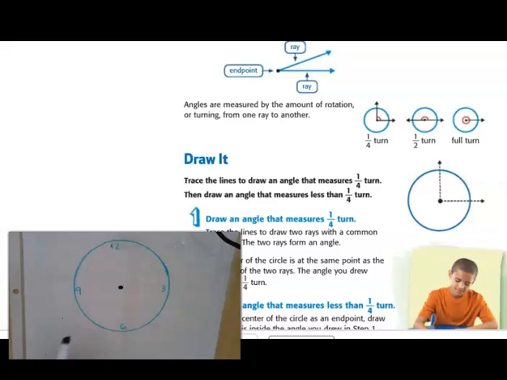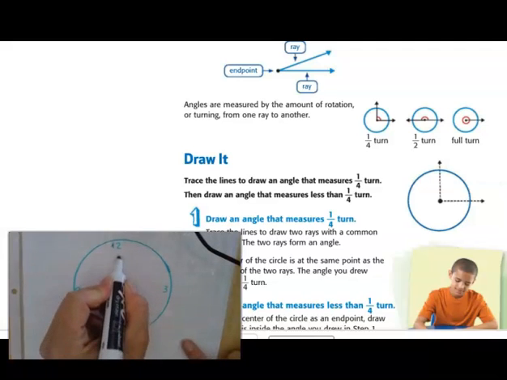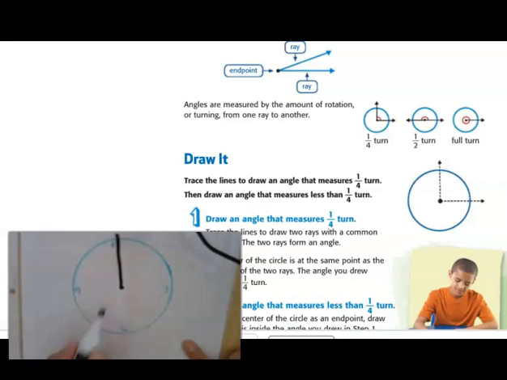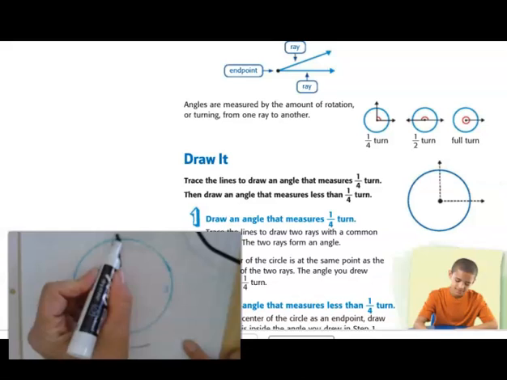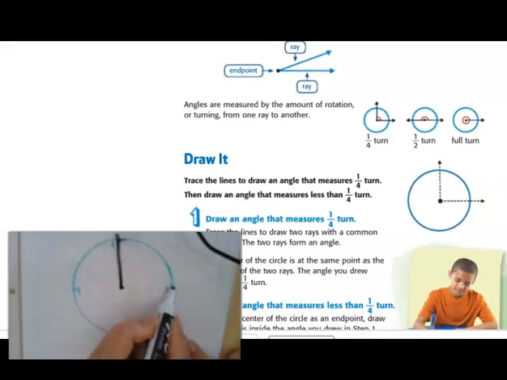So then I'm going to put a dot in the center because that would be the end point of my rays. And then on Example 1 here, it says trace the lines to draw an angle that measures a quarter turn. So if I were to start from straight 12 o'clock and then I were to go a quarter of a turn around this circle, a quarter of a turn would put me at this 3 o'clock.